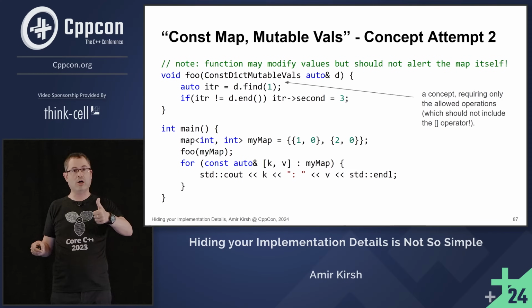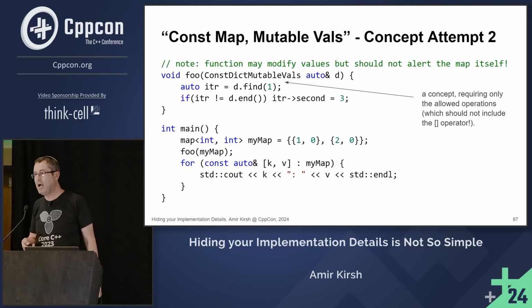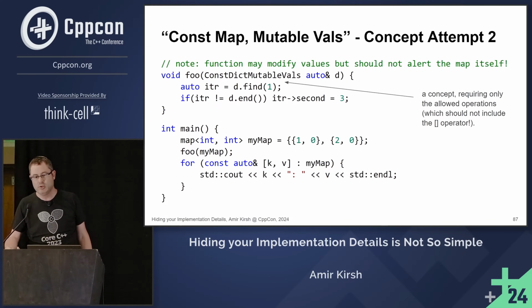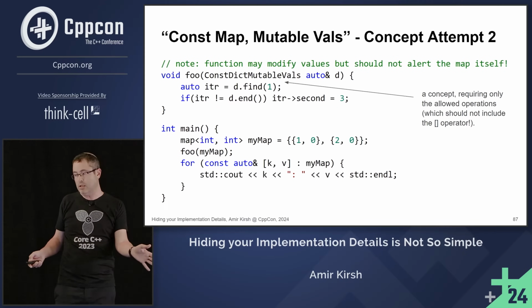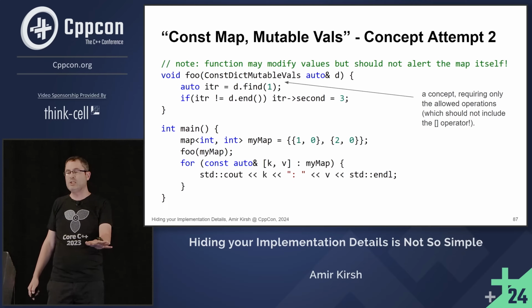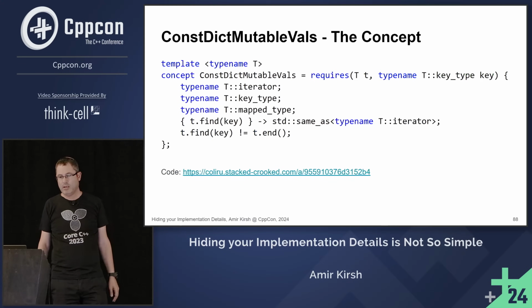So maybe with a concept and a proper test, I can make sure that you are using my map as I wanted you to use it. It's not as strong as not allowing it, but it might be fine. I mean, the language itself is using that in many cases since C++20 on APIs.